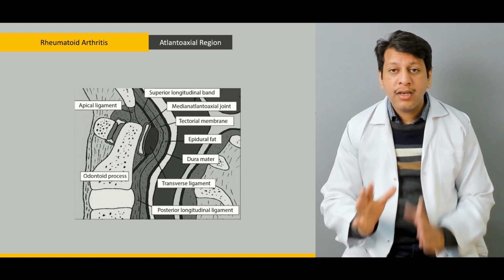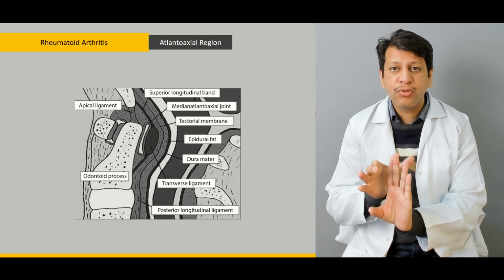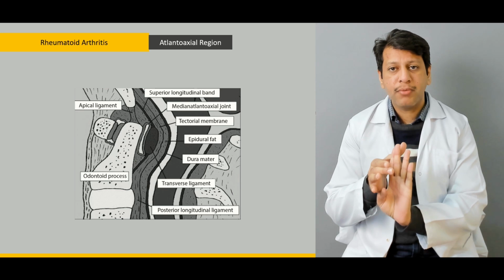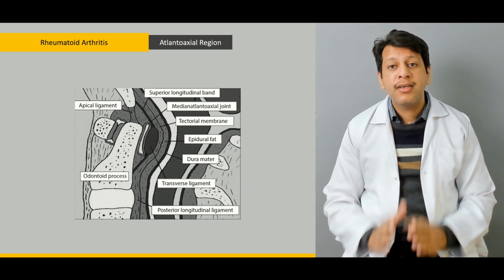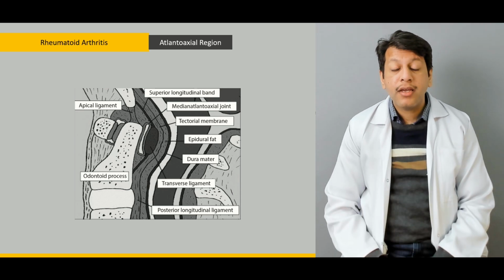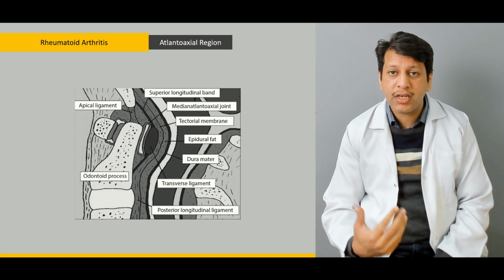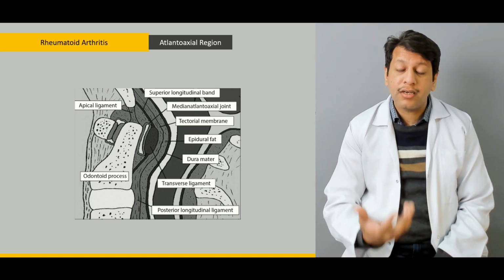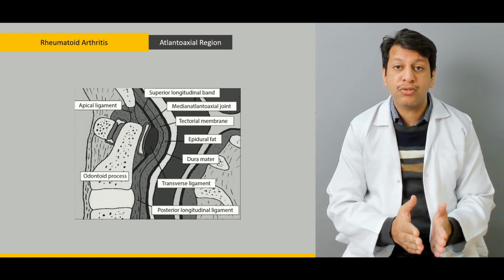As a result, instead of articulating smoothly, the dens goes either forward or backward, especially during flexion and extension. That is where, when we assess subluxation in the cervical spine, the anterior atlanto-dens interval and posterior atlanto-dens interval come into play.